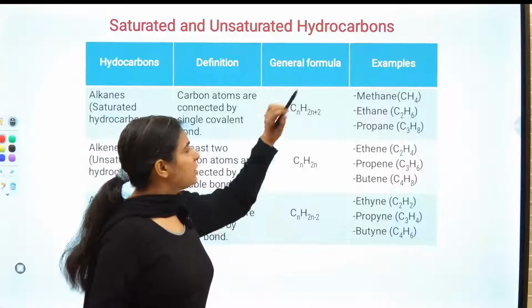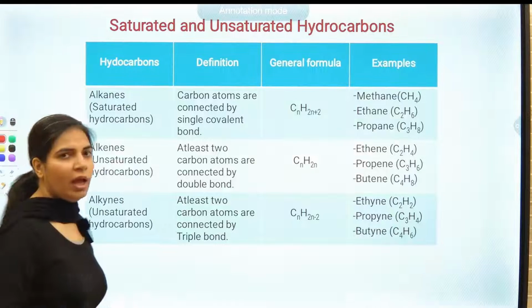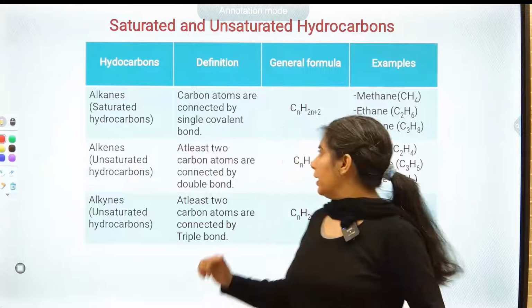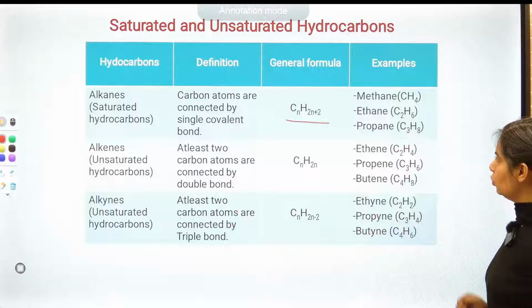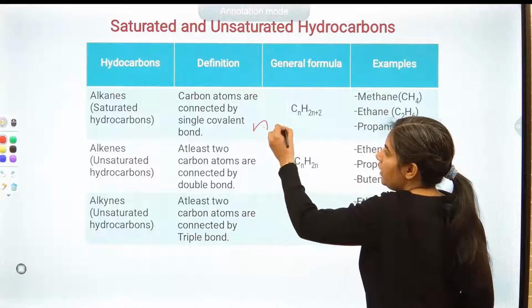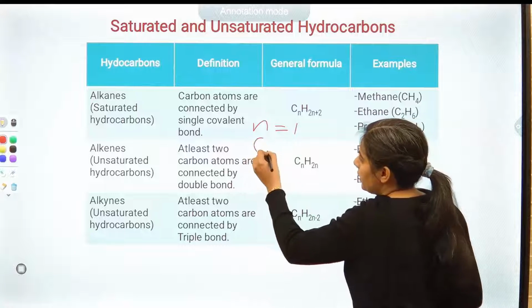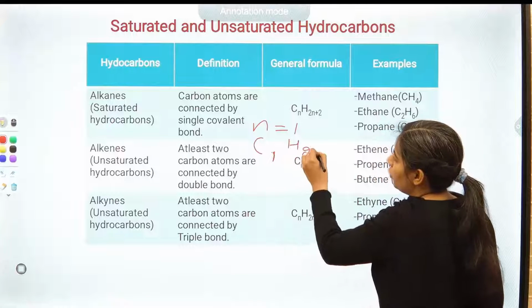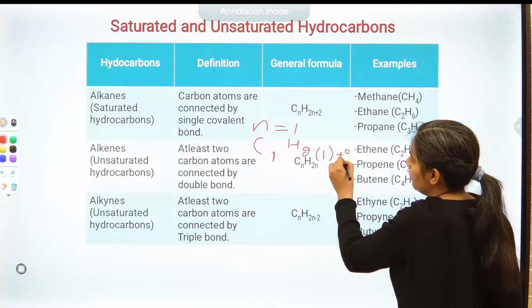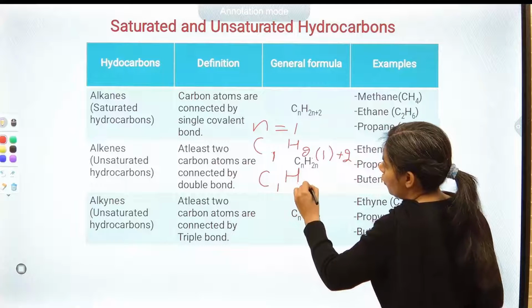How can we use the general formula? Let's see. Here the general formula is CnH2n+2. We are considering n as 1. So we come up with C1H(2×1+2), that is C1H4.